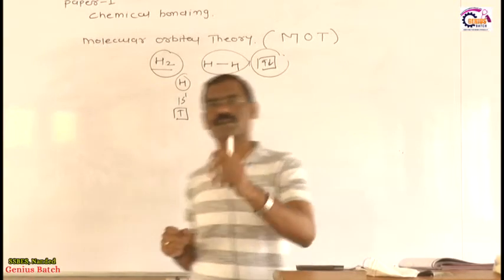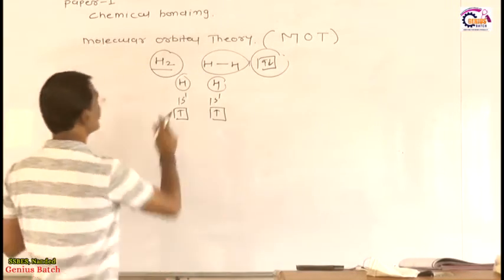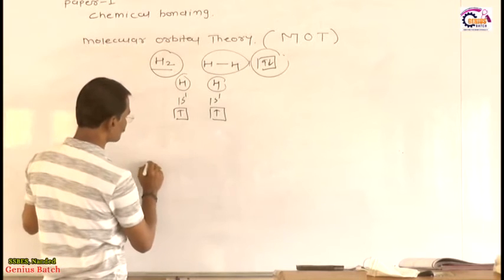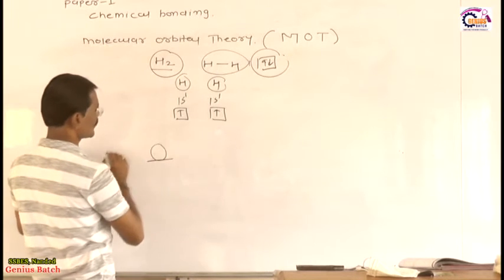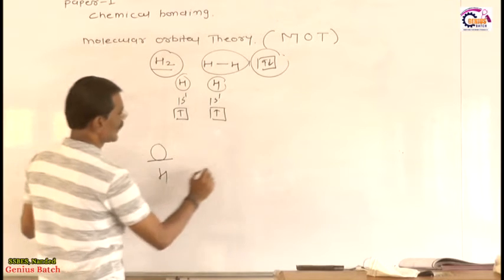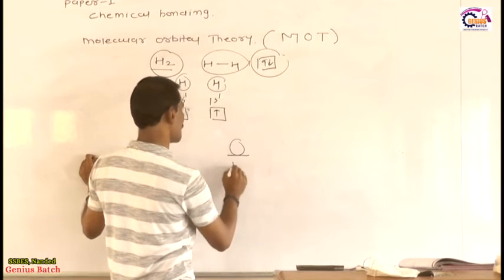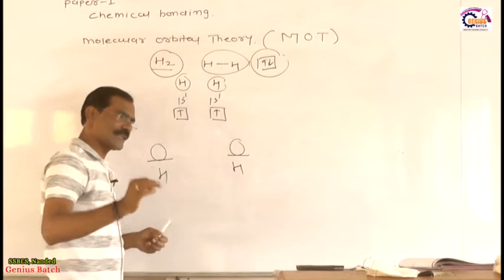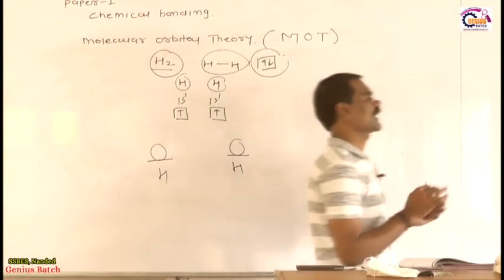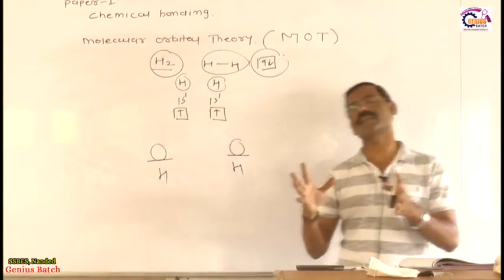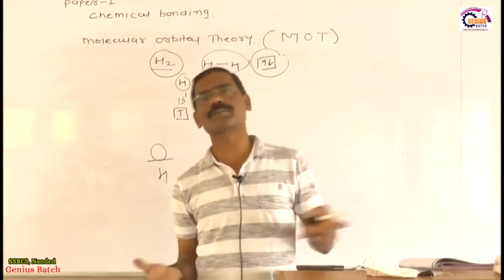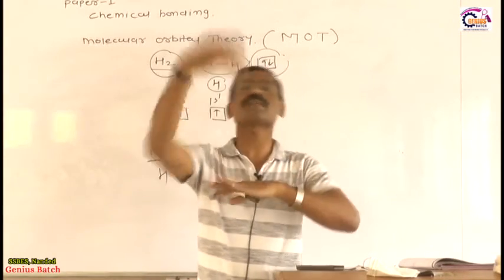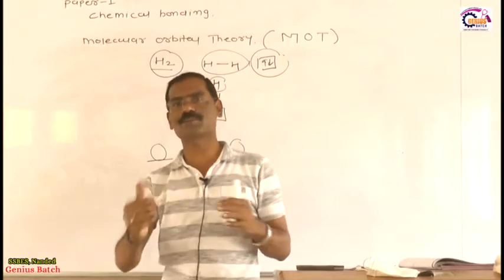This is very important. Now friends, in the H2 molecule, we have 2 atomic orbitals. This is one atom of hydrogen and this is the other atom of hydrogen. Listen, this is a very interesting rule in molecular orbital theory. The number of atomic orbitals mixed together gives the same number of molecular orbitals. Keep this in your mind.